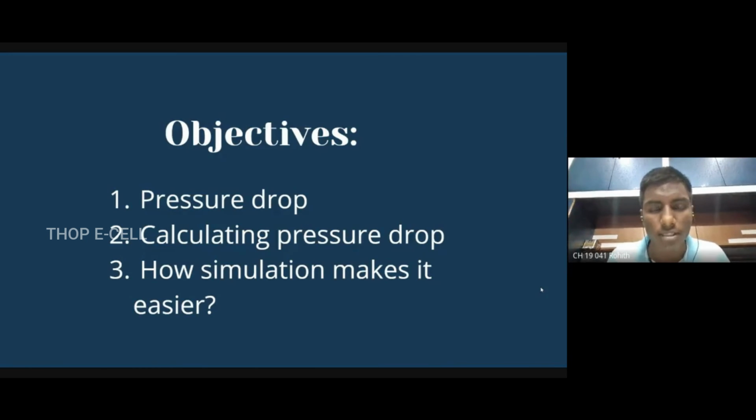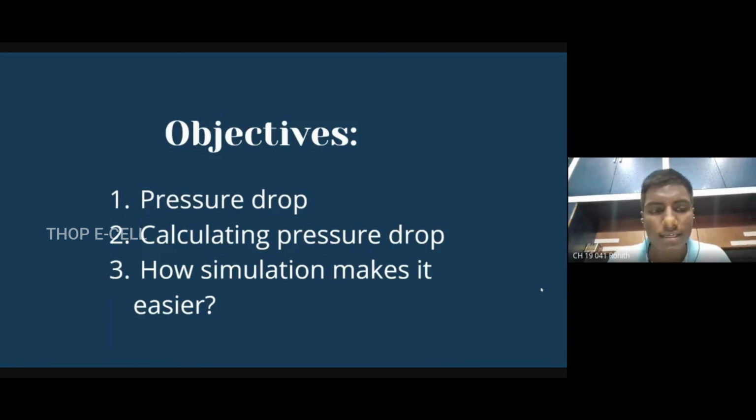So the uniformity of the pressure is not maintained between the initial point and the final point, and there is a pressure drop in the flow. It may be due to friction, bends in the pipe, or subtle disturbances inside the pipe. These are the different factors by which pressure drop occurs in the flow.